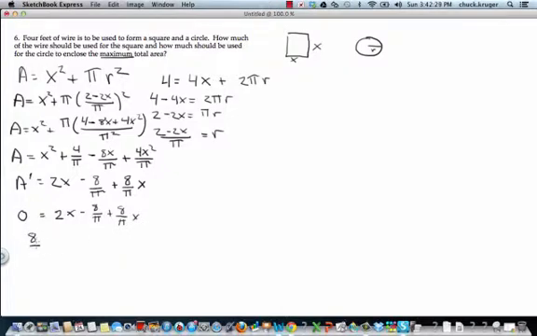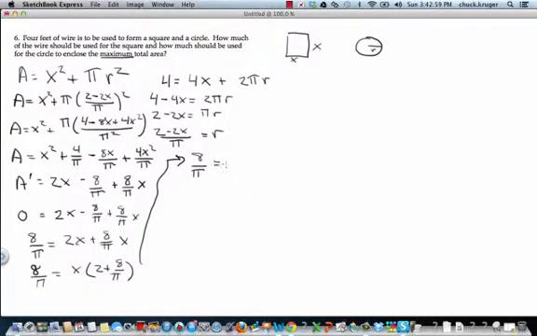So I get 8 over pi is equal to 2x plus 8 over pi x. I can factor out an x, and I get 2 plus 8 over pi. Well, I can get a common denominator here: 8 over pi is equal to x times the quantity 2 pi over pi plus 8 over pi.